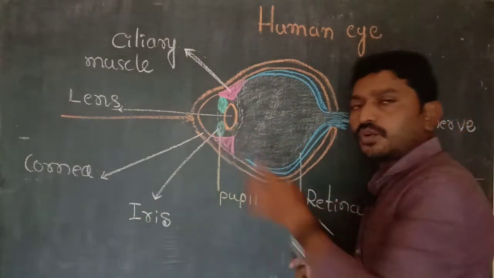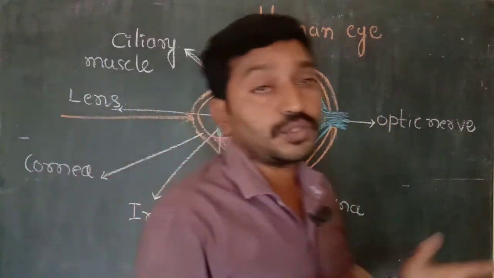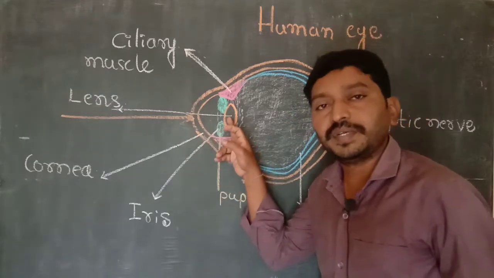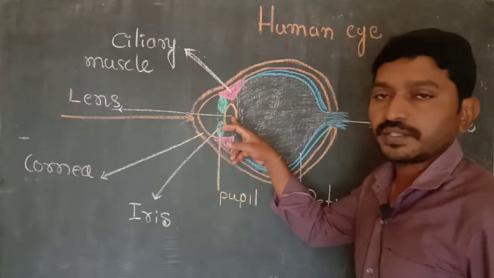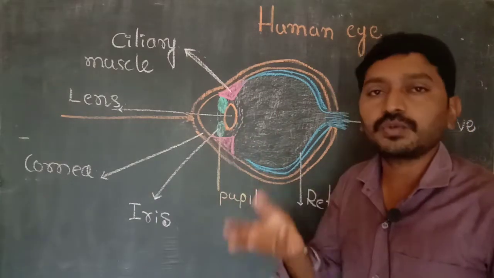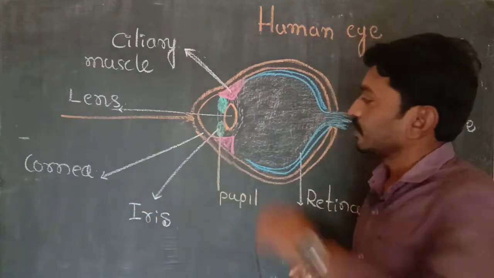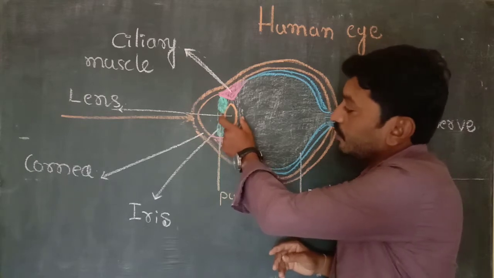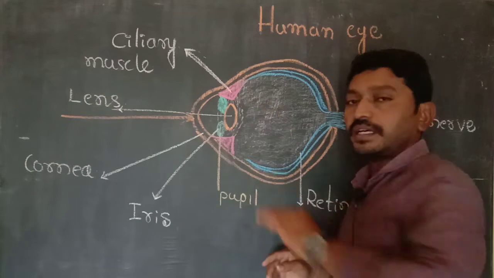And one more very important part is the lens. What is the lens? You may have already learned some basic concepts about the lens. A lens is a transparent material bounded by two surfaces, where at least one is curved outward or inward, or both are curved. Here in the eye, a convex lens is used. It is thicker in the middle and thinner at the edges.